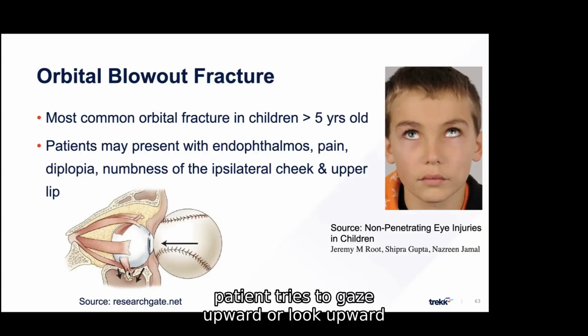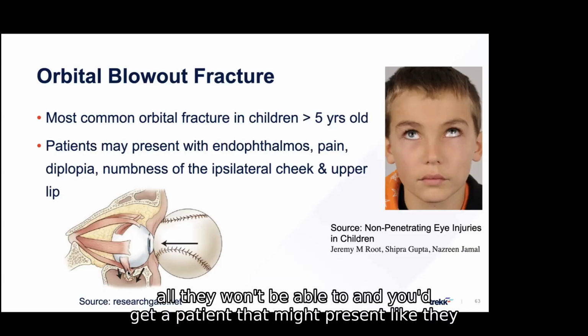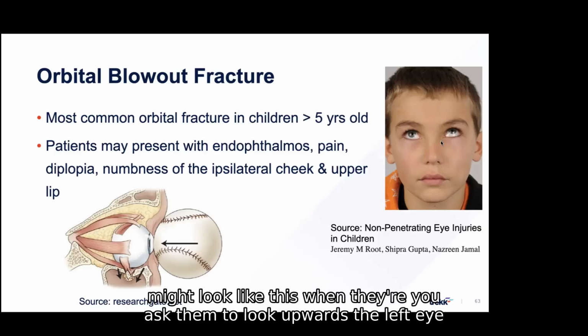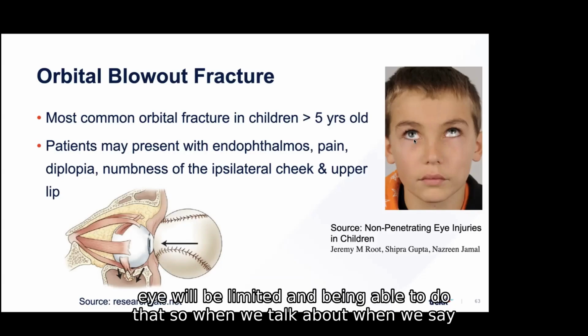And when the patient tries to gaze upward, because of the herniation of the rectus muscle, they won't be able to. They might look like this when you ask them to look upwards. The left eye, for example, the unaffected eye, is able to freely gaze upwards, but the affected eye will be limited in being able to do that.